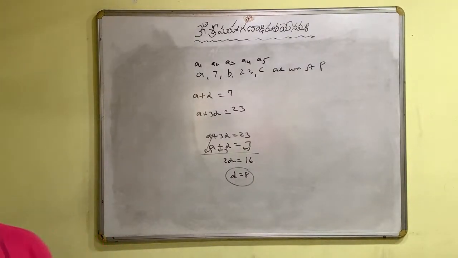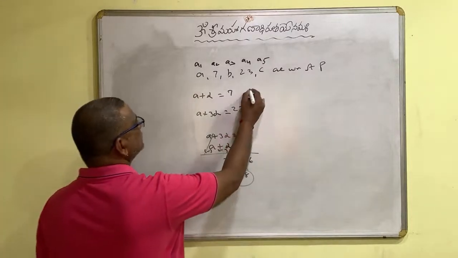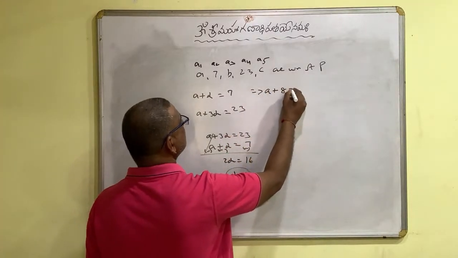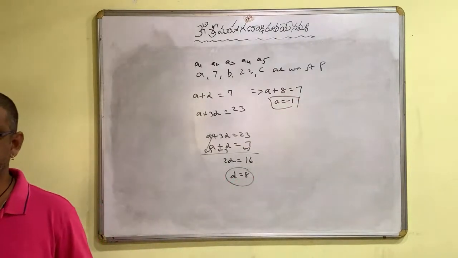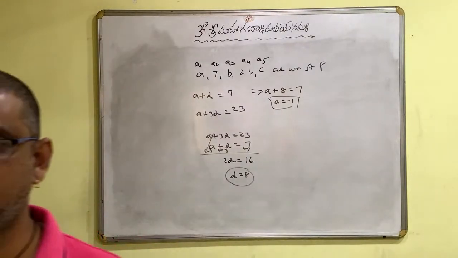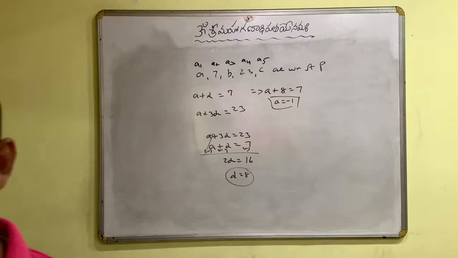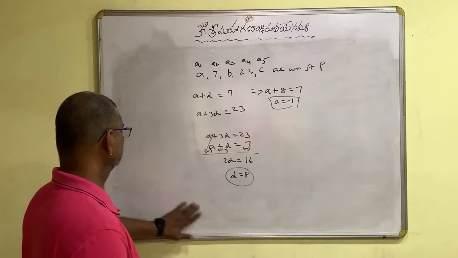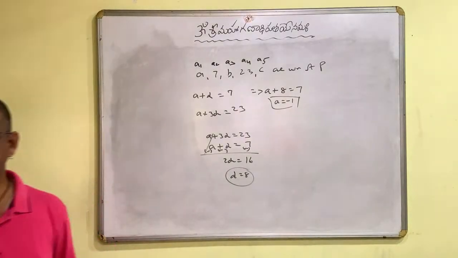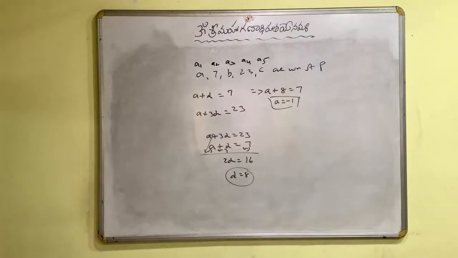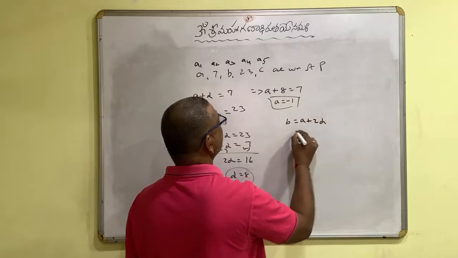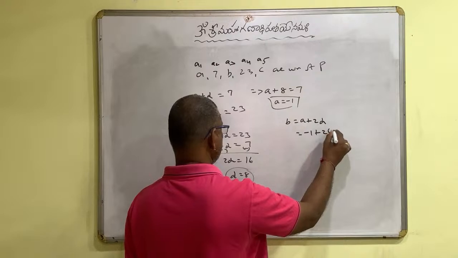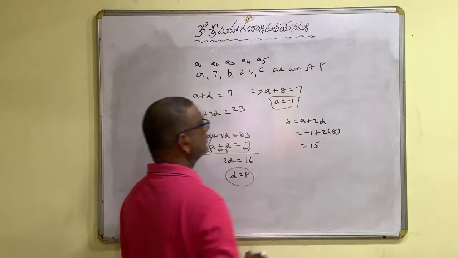If D is 8, what is A? A is negative 1. Okay. Now what is B? B value is A plus 2D, minus 1 plus 2 into 8, 15.